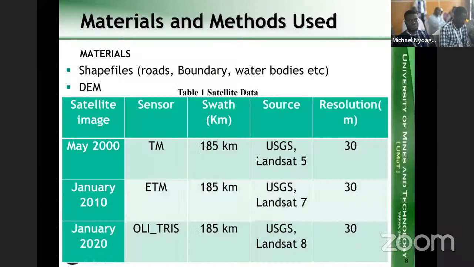We also used satellite data from the year 2000, that is May 2000, and then satellite data for the year 2010, and then for the year 2020, all from Landsat 5, 7, and then 8, with the same resolution of 30 meters.